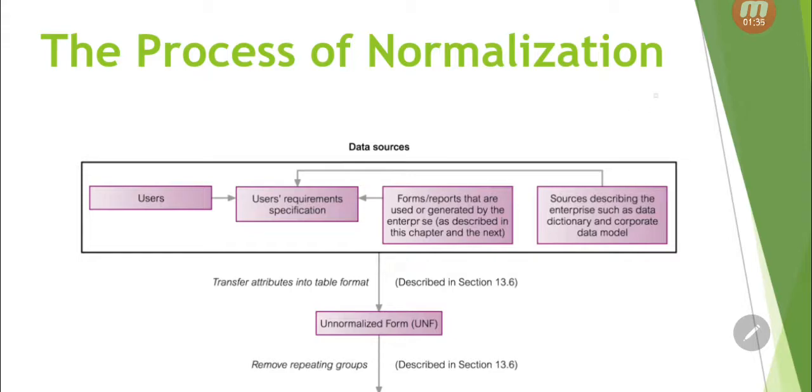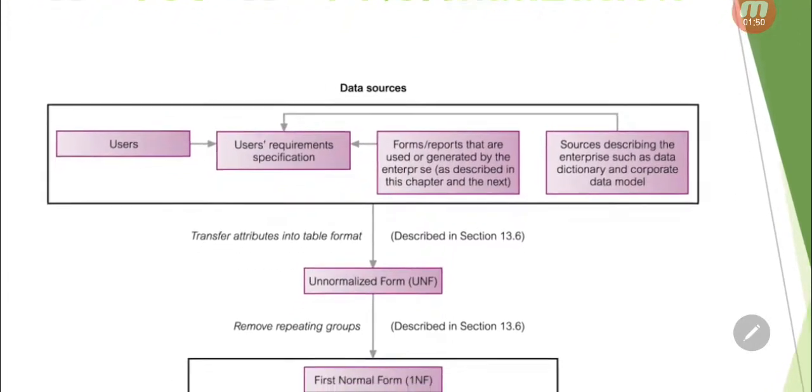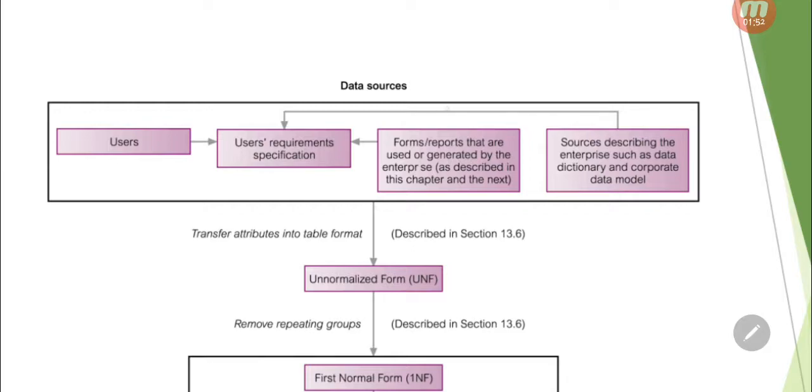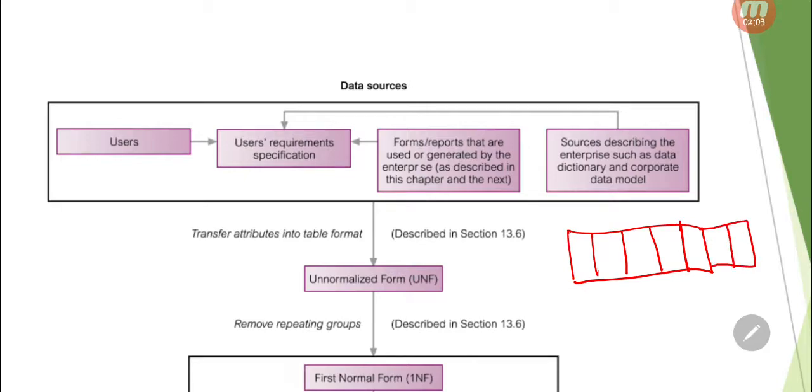We have a few types of fact finding techniques, so you can use any one or two fact finding techniques to get the data from your case study. So this is the data source, and then you transfer it into table form, collect all the data and make it in just one big table.